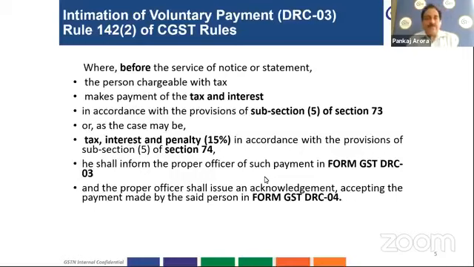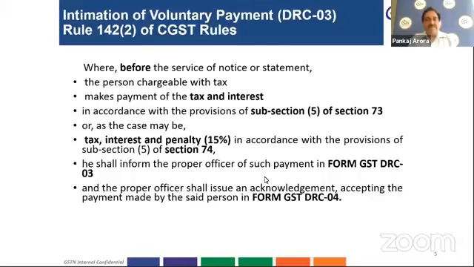For indication purposes, Rule 142(2) of the CGST Rules prescribes that where the person who is chargeable with tax makes payment of tax and interest before service of notice or statement. A statement is nothing but a form of notice to be issued by the department.